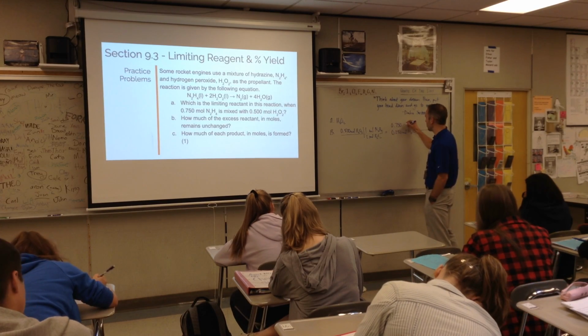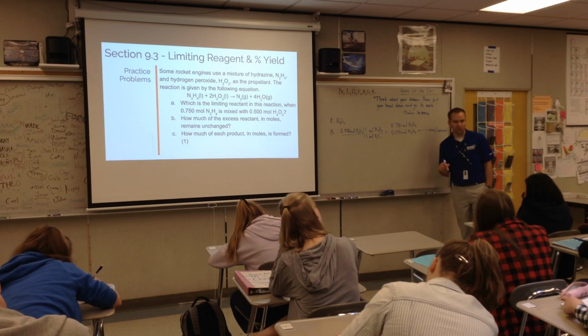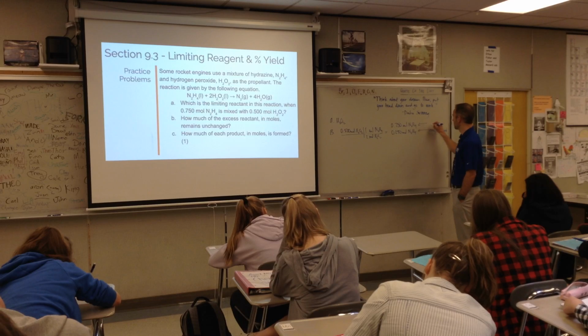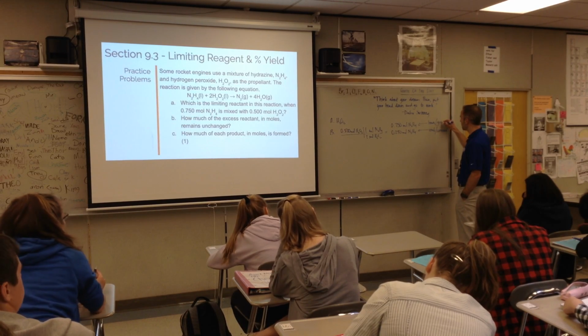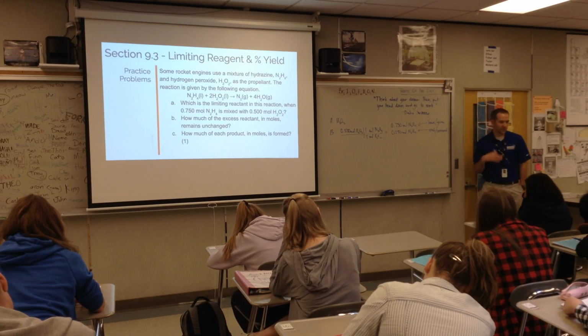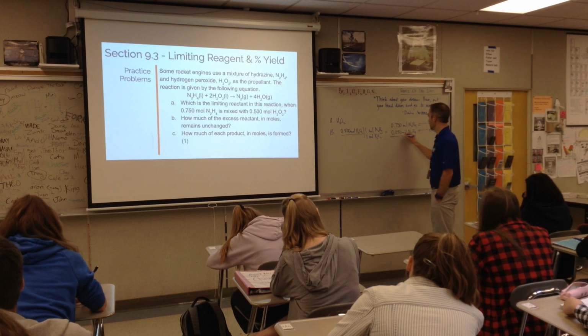Well, what did we get to start with? We started with 3/4 of a mole. So this could be our have or our given. This is our starting amount. We used up this much.